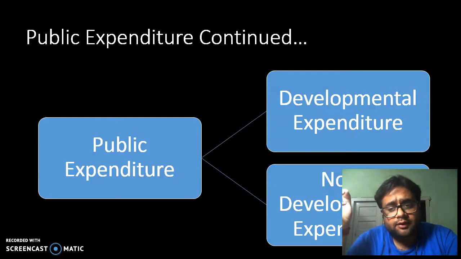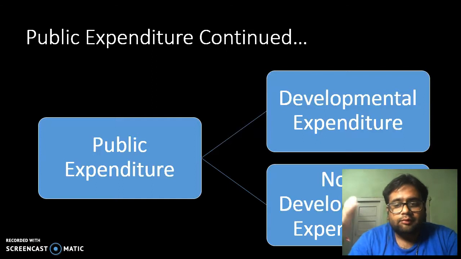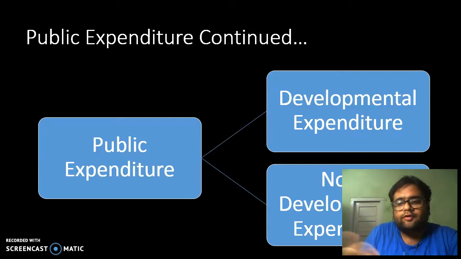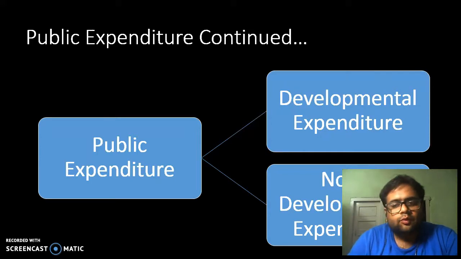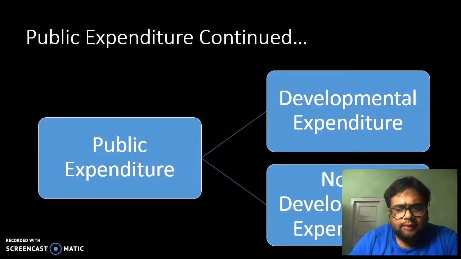What is developmental expenditure? I made these slides very self-explanatory. Developmental expenditures are those which are incurred and in return also give something. For example, making better infrastructure. If infrastructure is better in an economy, it means there is better road connectivity, rail connectivity, proper power management, and a very strong telecommunication network.